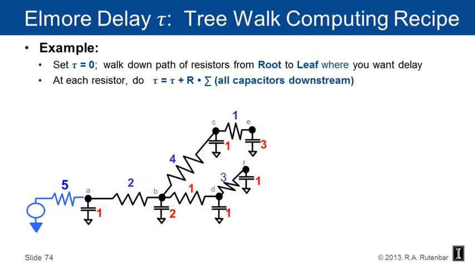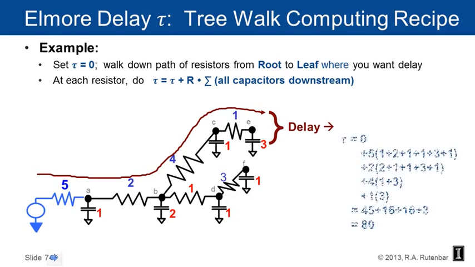Okay, so let's just take a look at it. Here's the tree again, with nodes A, B, C, D, E, F. We want to calculate the delay to a particular point in this tree. We want to go down the 5 resistor that goes into node A, then A to B, B to C, C to E. We want to calculate the delay for the capacitor that's at node E. And so we just use the formula.